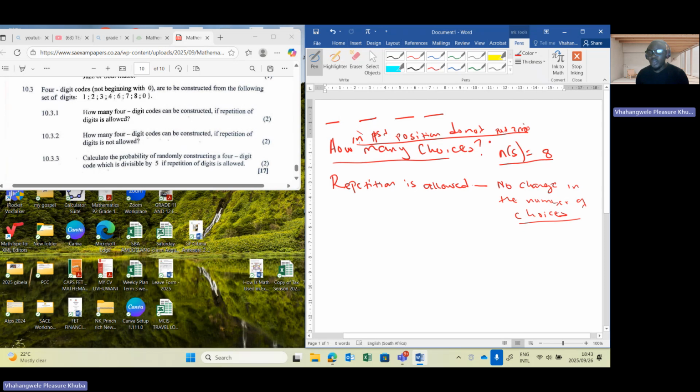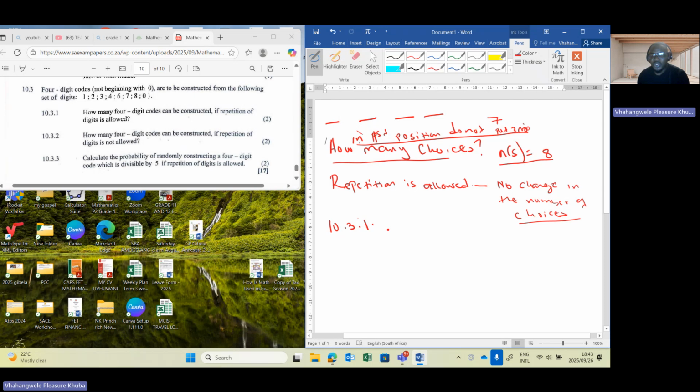For position 1 only, we are going to have 7 choices, because you are not allowed to put 0 there. So for 10.3.1, what are we going to have?